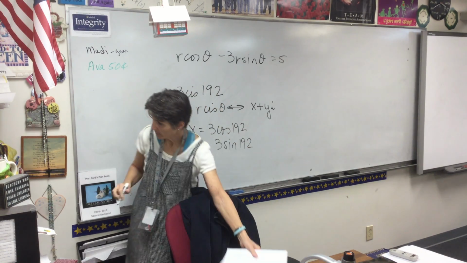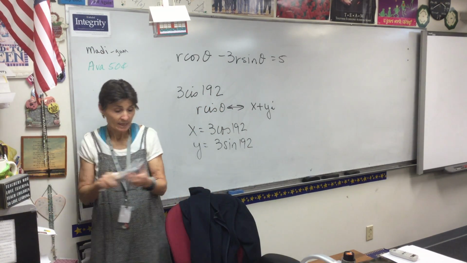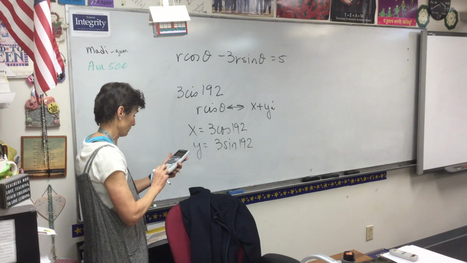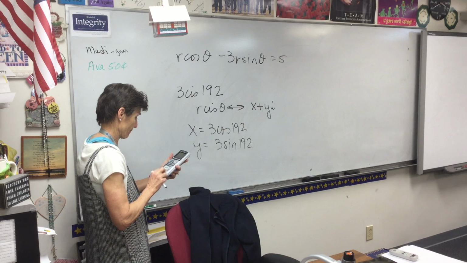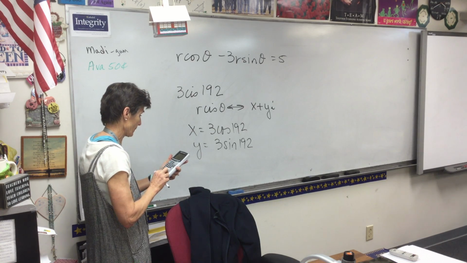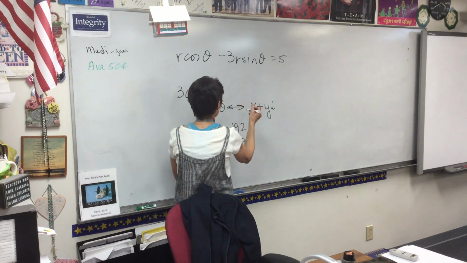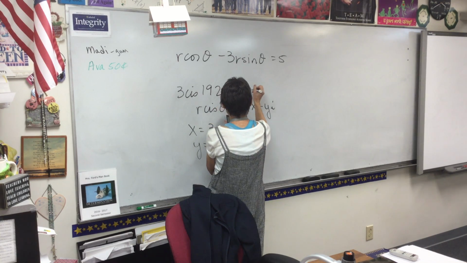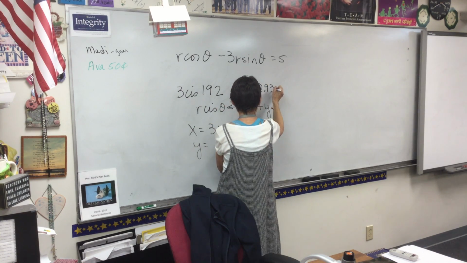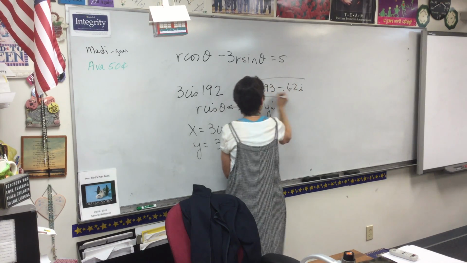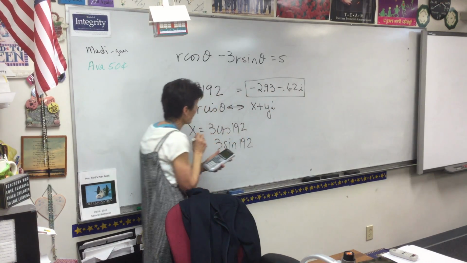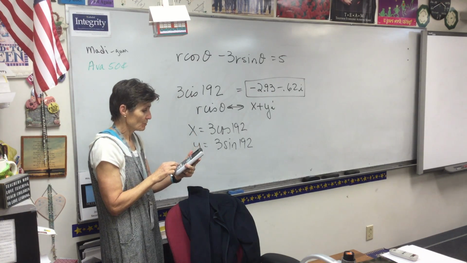So we take out our calculator, we type it in, and we should get negative 2.93 minus 0.62i. Remember, when you write your answer, the i goes with the y value.